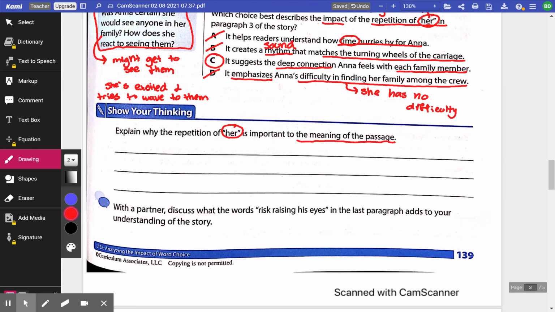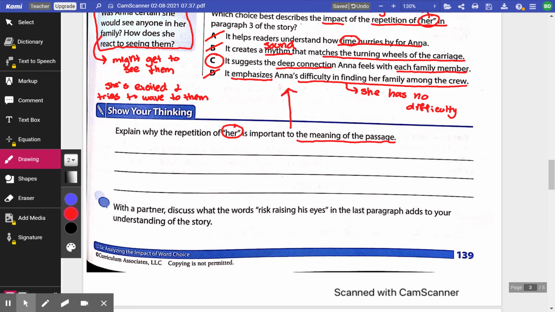We're going to have to explain how that repeating word is important to the meaning of the passage. So you have to ask yourself, why is this important? What is the author really trying to get across by repeating that word "her" over and over again? You can use your multiple choice question to help you out. It can give you some ideas of what to write.